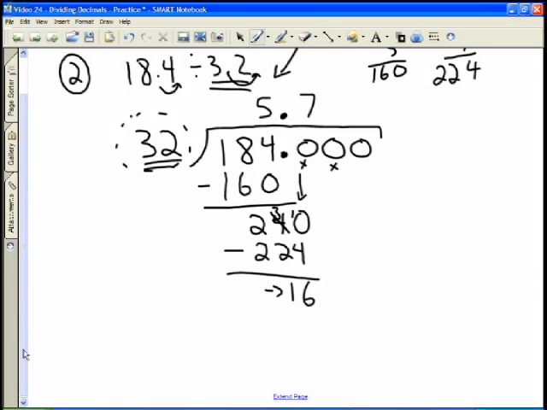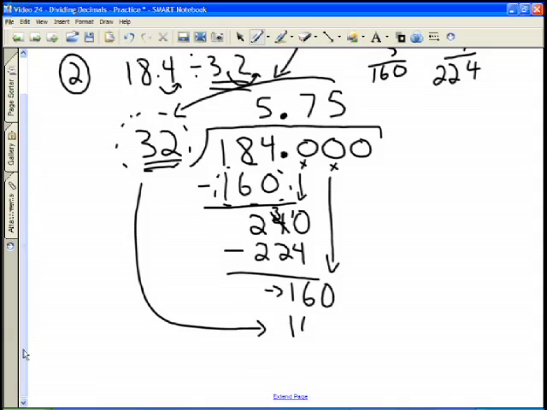And now we bring down a 0, and we say how many times will 32 go into 160? And if you're paying attention and you look up here, we can see it's going to be exactly 5. 5 times 32 is 160.